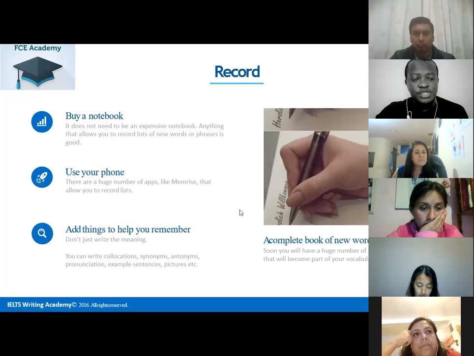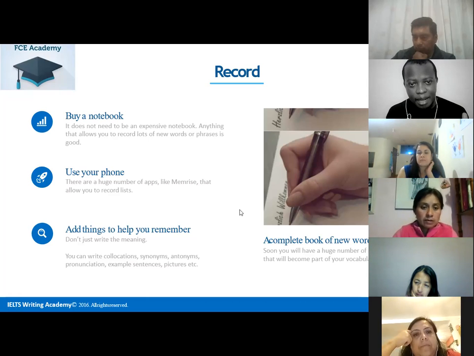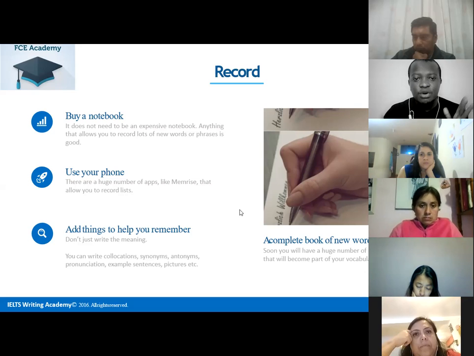Now, if you don't want to use a notebook, you can use your cell phone. If you find a new word, you can record it by speaking or by writing, okay? There are many applications, yeah? So you write it down either in a notebook or on a cell phone. Now, don't just write down the word.